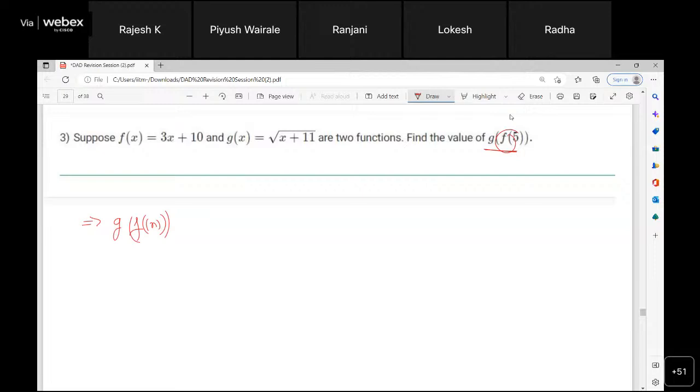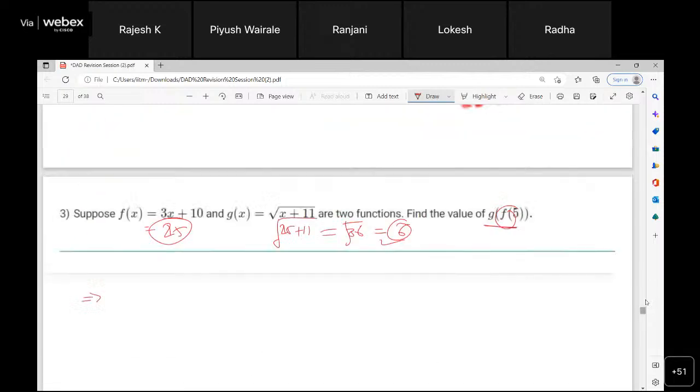Will both cases give the same output? 6 is the answer. So just put 5, it gives the same answer. 15 plus 21, that is 36, right? Under root, that is 6. Yeah, 6 is the answer.